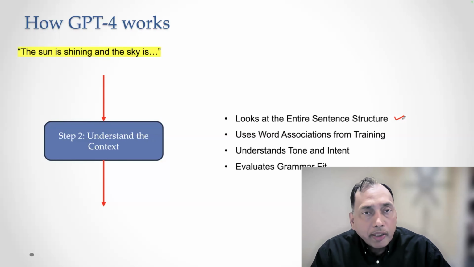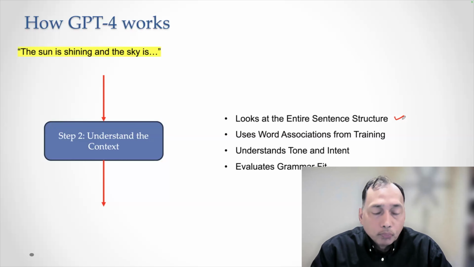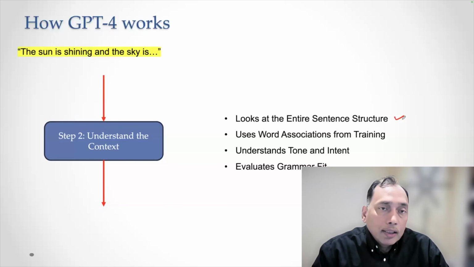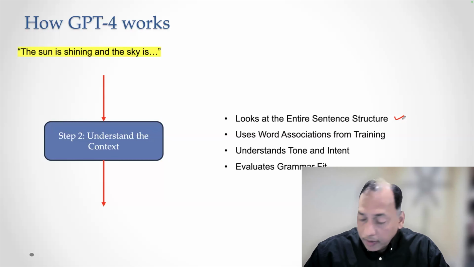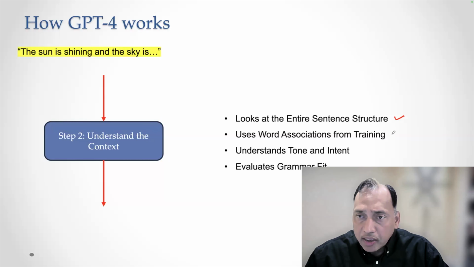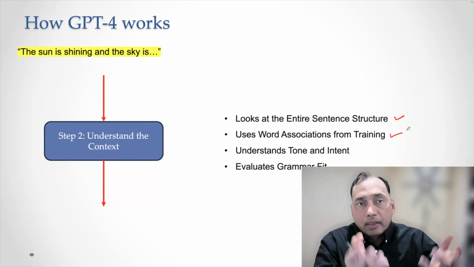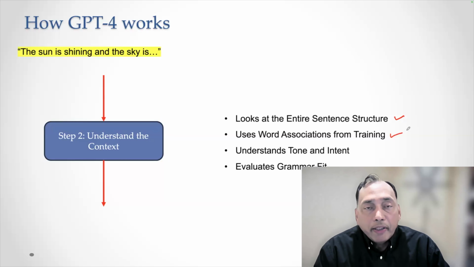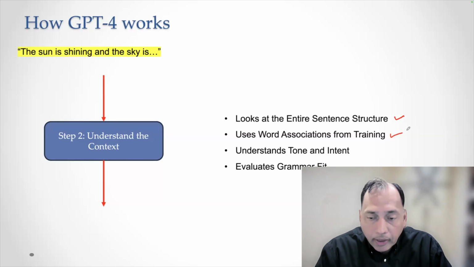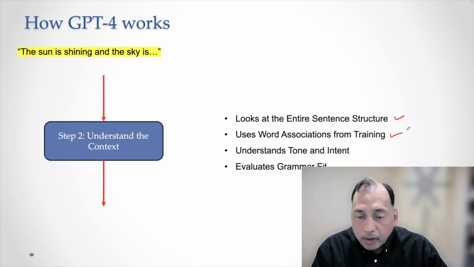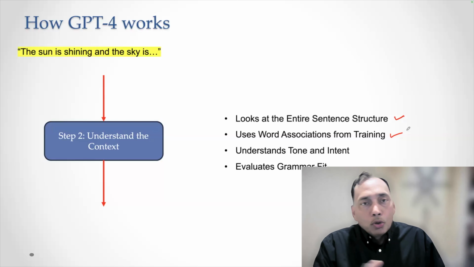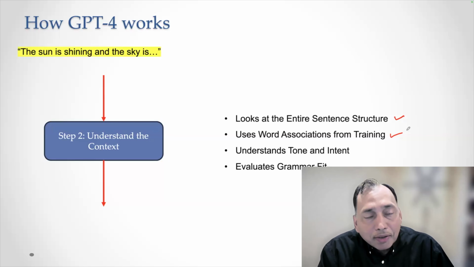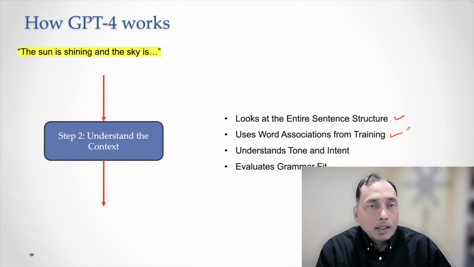So at this stage, it is probably already exploring some possible words, like the sky is blue, or sky is clear, or sky is bright. And then it uses the word associations from training. GPT-4 has been trained on billions and billions of words, and it has learned that in those texts, "the sky is blue" occurs very often.